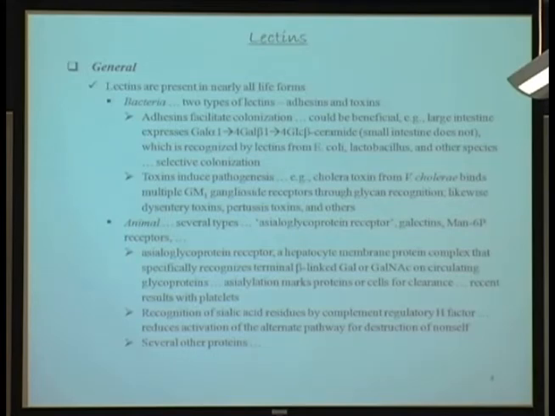At the same time, there are certain bacteria that can be toxic, that induce pathogenic events. So cholera toxin, for example, binds GM1 ganglioside receptor, and this occurs through specific glycan recognition. That leads to all problems.